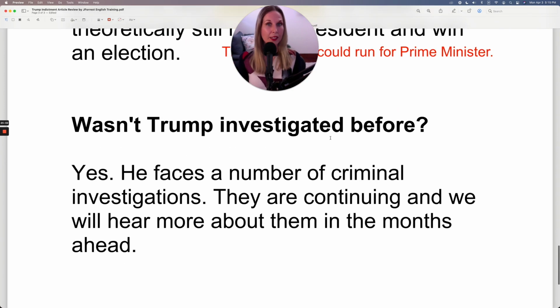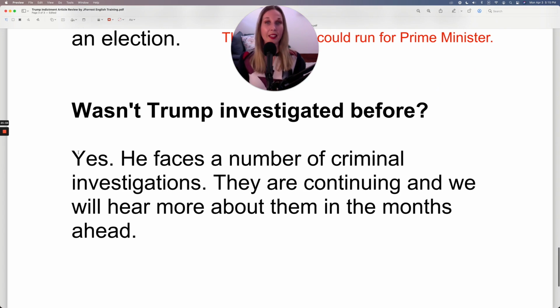Wasn't Trump investigated before? Yes. He faces a number of criminal investigations. Notice our verb tense is in the present simple, which tells me that he still faces criminal investigations. Because if it were in the past simple, he faced, it would mean that he's no longer facing them now. It's a completed action in the past, but he is not being accused of them anymore.